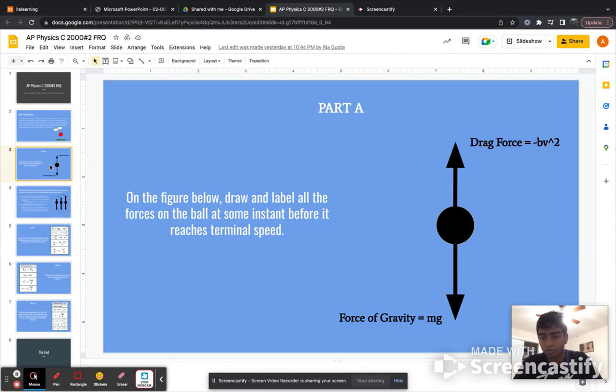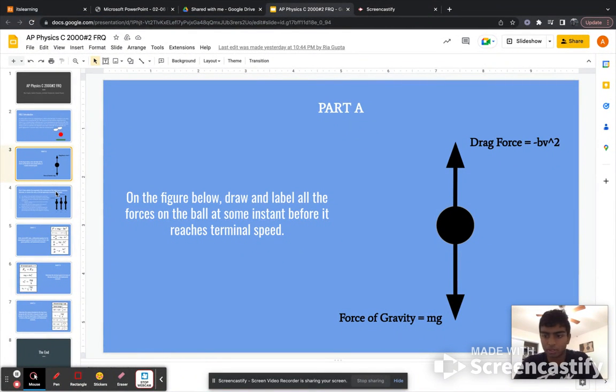As the ball speeds up, the drag force becomes larger until the ball reaches terminal velocity. At the point where the ball reaches terminal velocity and doesn't speed up, the forces have to be balanced. So we want both forces to be of equal magnitude and opposite direction. So we have the drag force in the opposite direction with equal magnitude as mg.